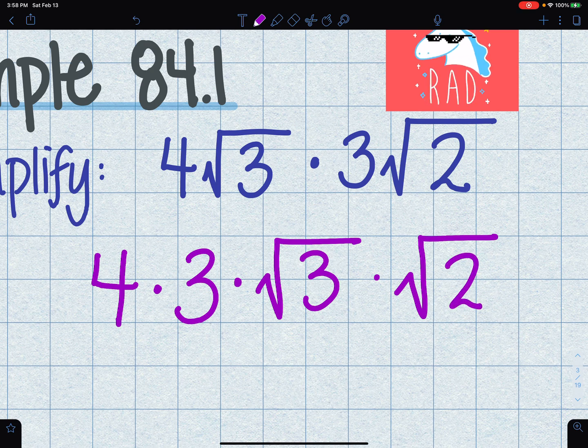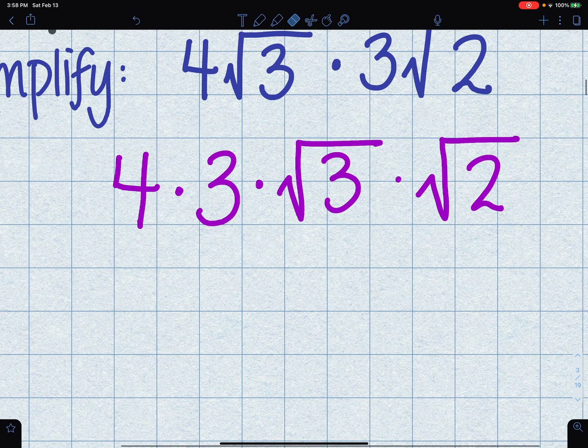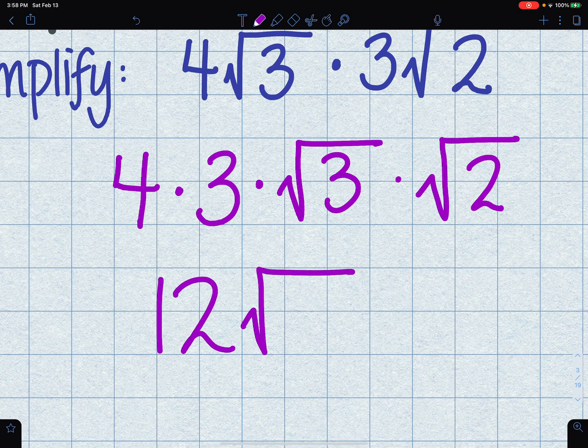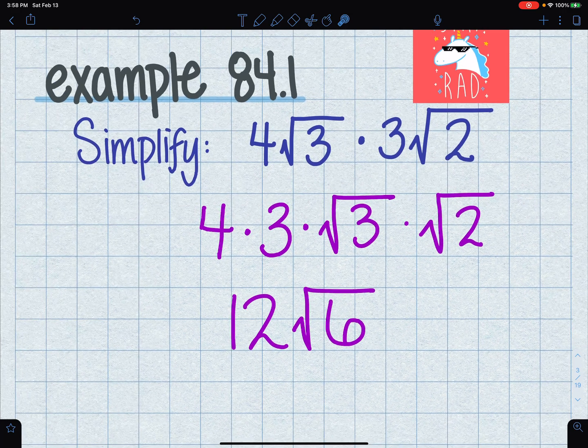So the rule told us that we could do square root 3 times square root 2 is going to be square root 6. And of course, we can always do 4 times 3. So that's going to end up being 12 square root 6. Isn't that super satisfying? That's the answer. So the coefficients stay coefficients. The radicals stay radical.